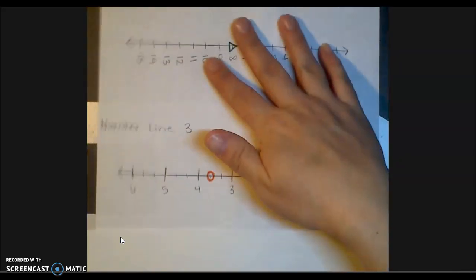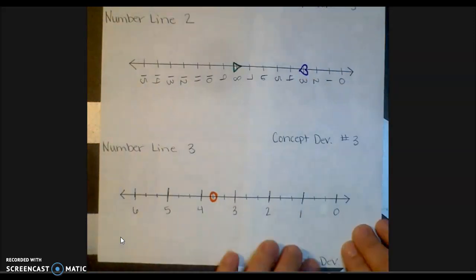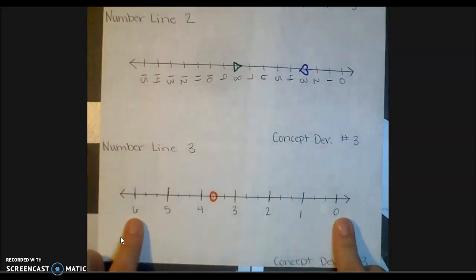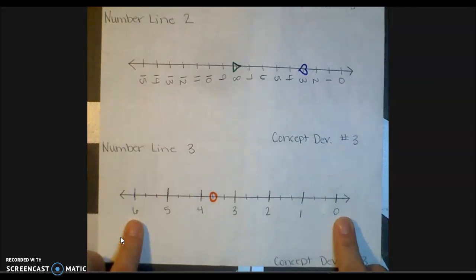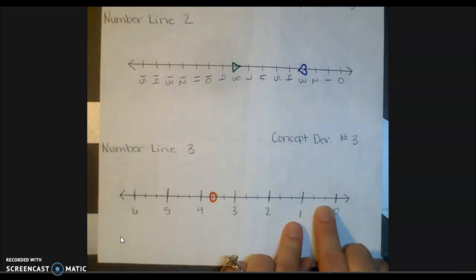And our last number line here at the bottom, this is broken up a little bit differently. So again, we're going from right to left, like number line 2. And we are counting by whole numbers, 0, 1, 2, 3, 4, 5, 6. However, each whole is split into thirds, 1/3, 2/3, 3/3.